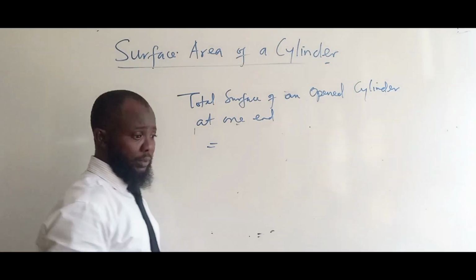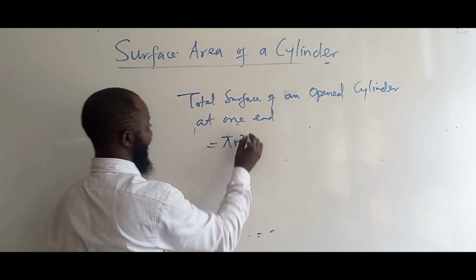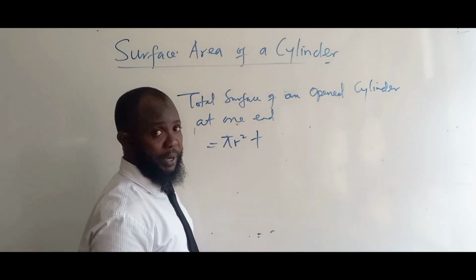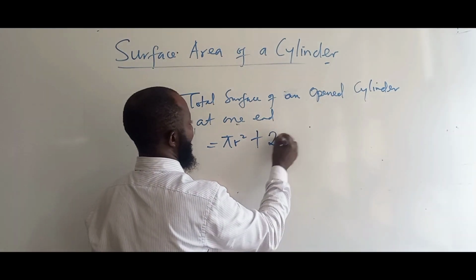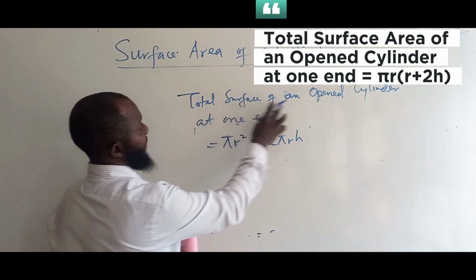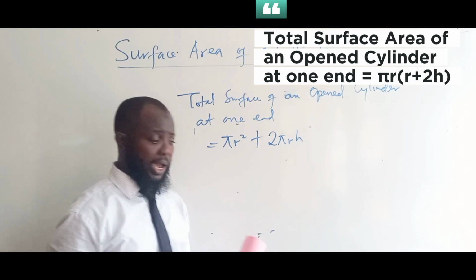Since we have one circle, it will be pi r squared plus the curved part, which is what? 2 pi r h. So from here you know that the total surface area of a cylinder open at one end is pi r squared plus 2 pi r h.